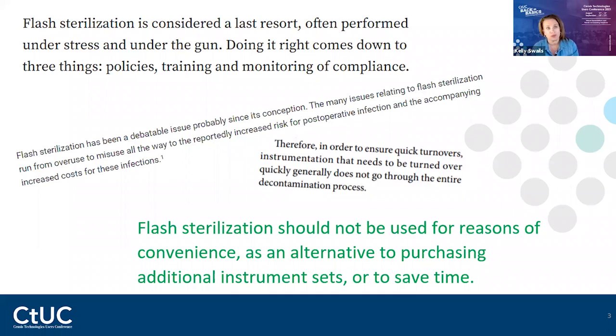And as you know, if you don't get it clean and then you sterilize it, now you're creating biofilm. So bottom line, every facility should have enough instrumentation so that they don't have to do IUSS if they contaminate during a procedure, and enough to cover the surgeries that are on the schedule.